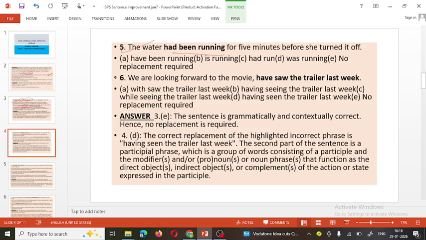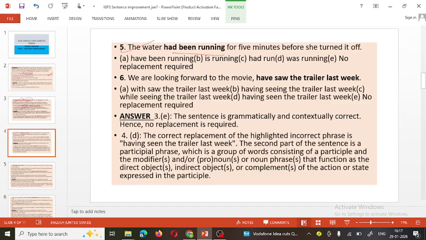Next one, see here. We are looking forward to the movie. Have saw the trailer last week. And the options are: with saw the trailer last week, having seen the trailer last week, while seeing the trailer last week, or having seen the trailer last week.